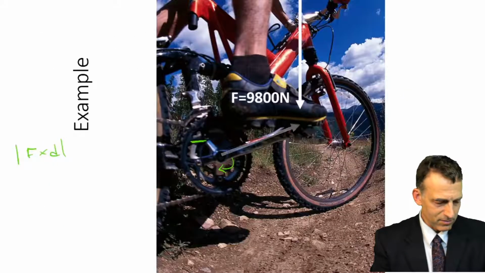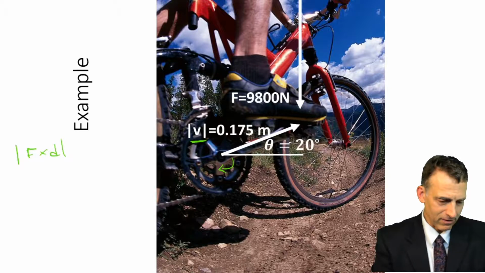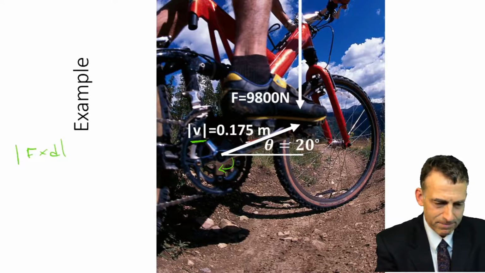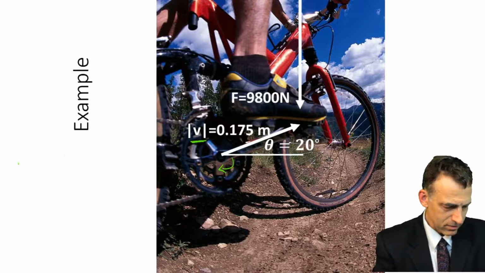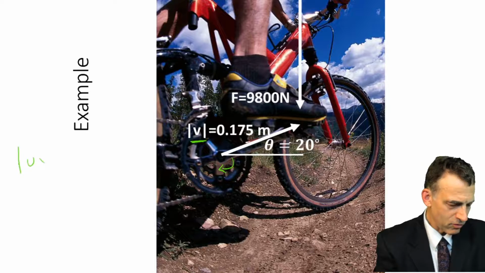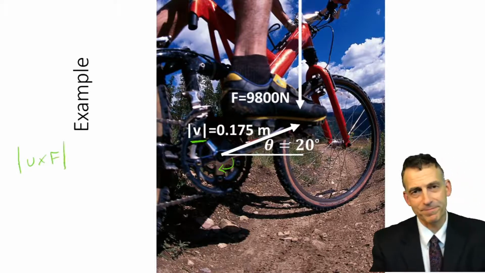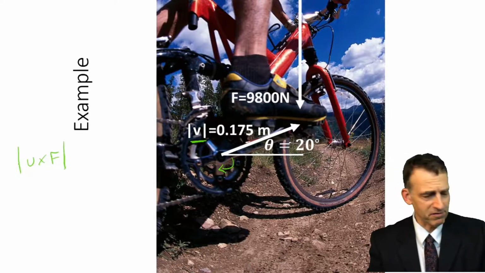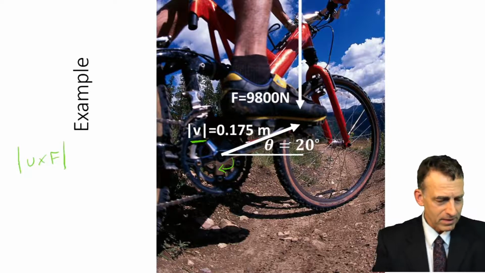U. Okay, I better keep myself straight, so let me erase that. So we have u crossed with F. It doesn't matter because of the absolute value, but there it is.